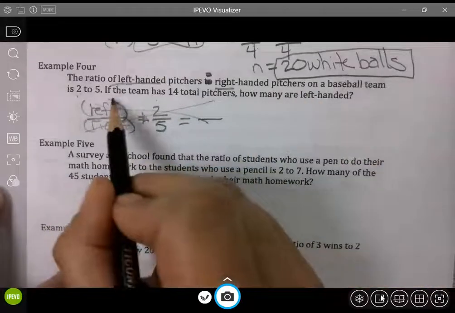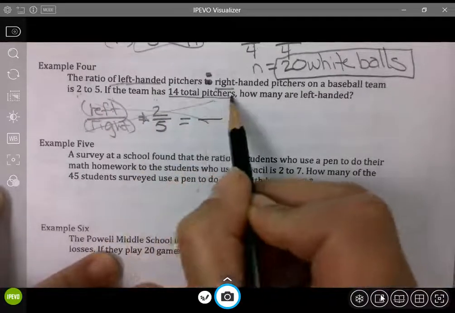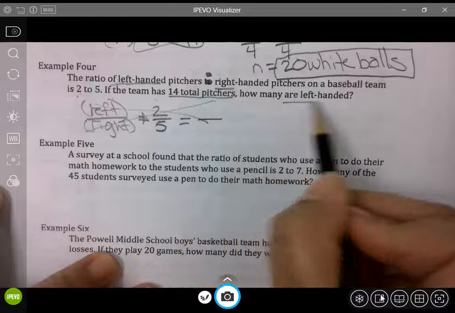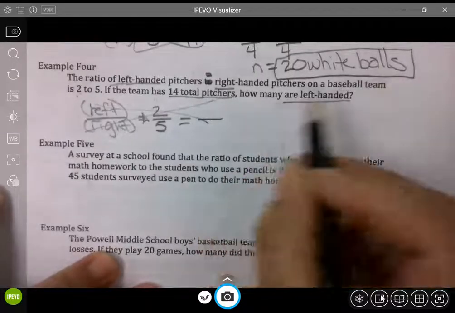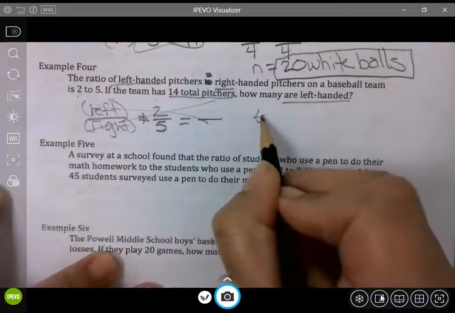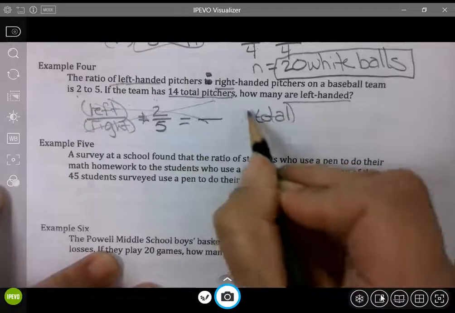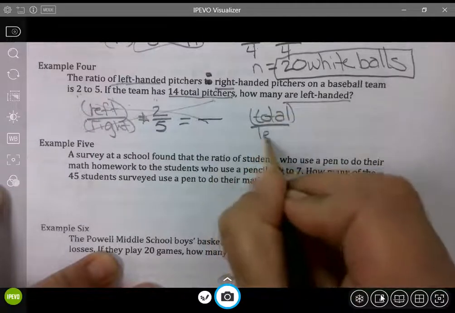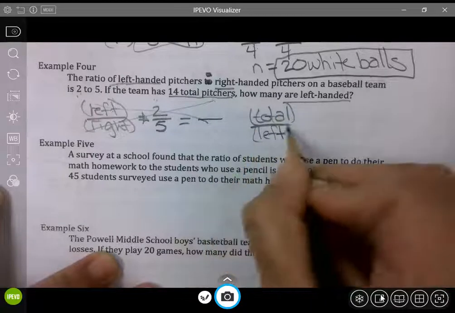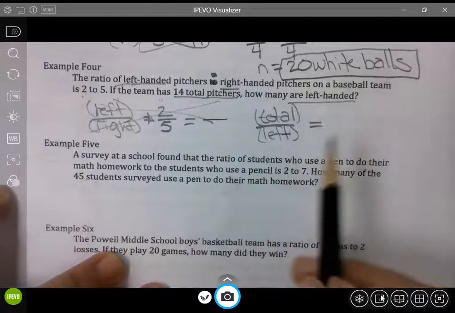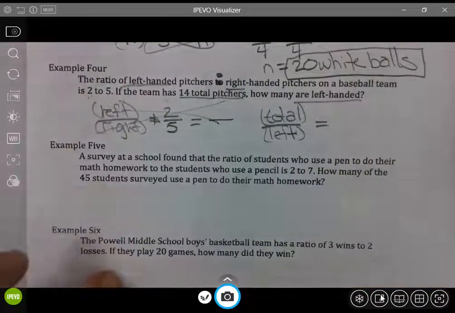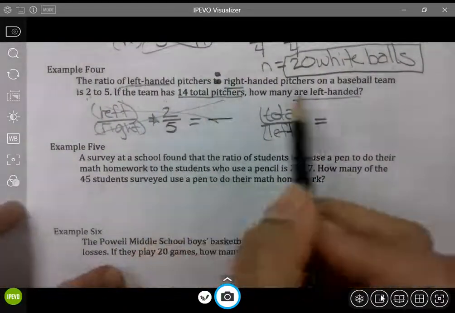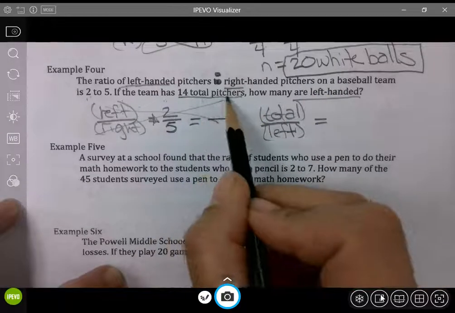And then I'm going to have to rethink about this. So now it says, if the team has 14 total, how many are left? Okay, so I'm saying total to left-handed. Well, how many total? Okay, so how many total pitchers are there?